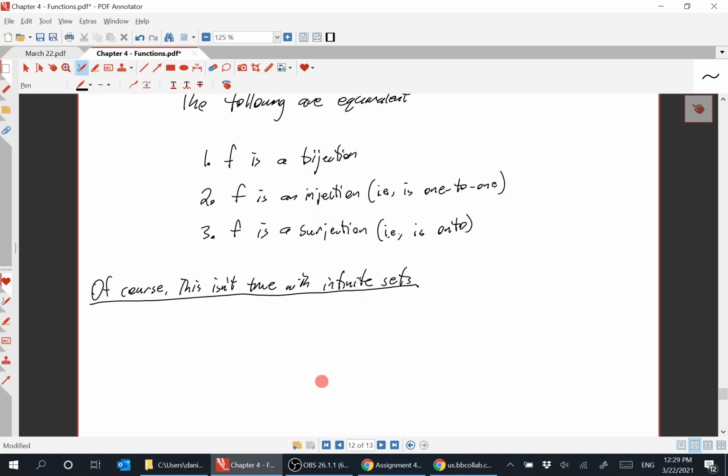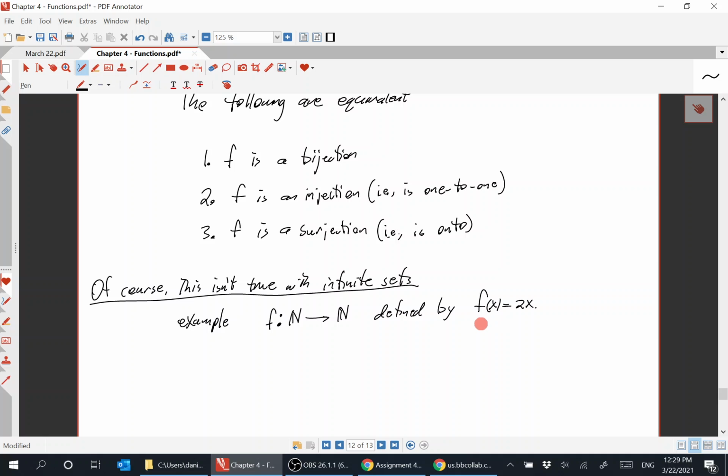Right, so for example, if you have f from the natural numbers to the natural numbers defined by f of x equal to 2x, right?